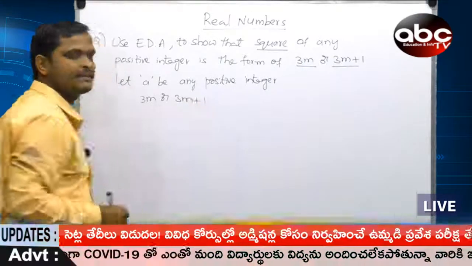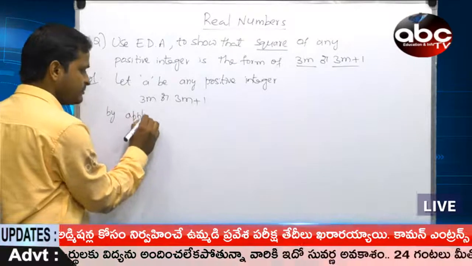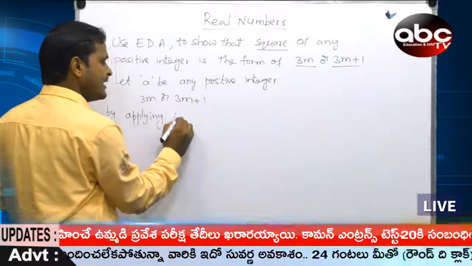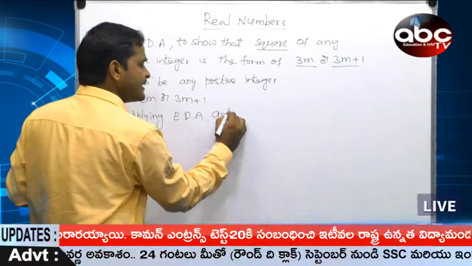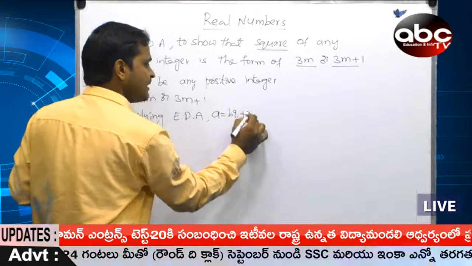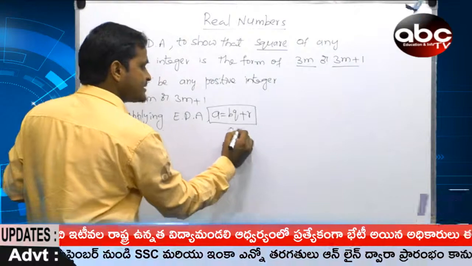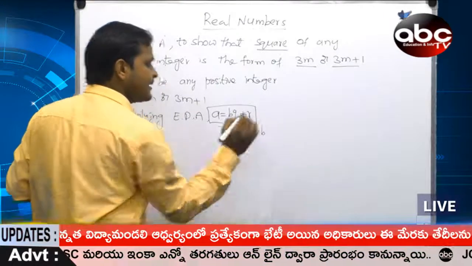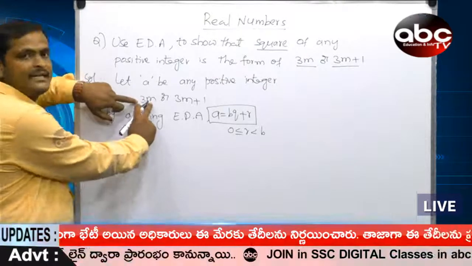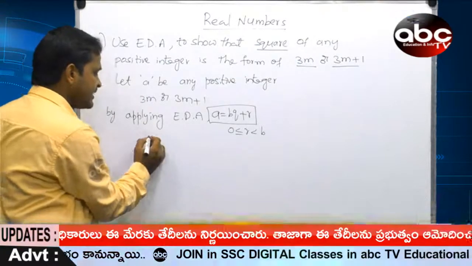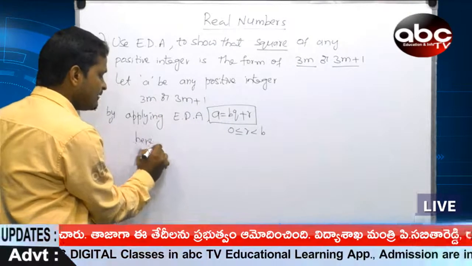Then compare with Euclid division lemma by applying EDL: a = bq + r, where 0 ≤ r < b. Then compare with b, where m is some integer. Then a is equal to, what is bq? 3m.